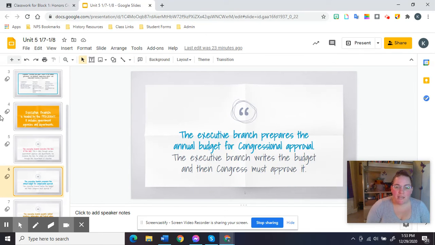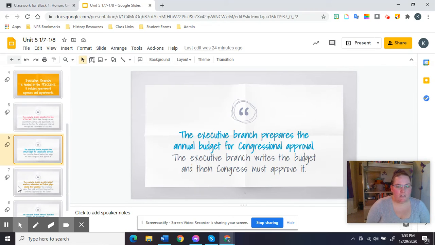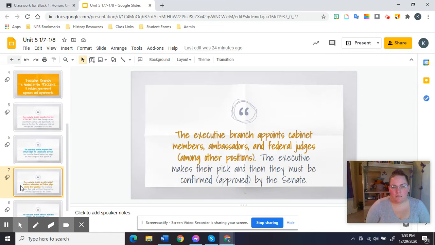So the executive branch, the president and his advisors, they write up the budget. They're like, this is what we want to spend our money on, how we're going to fund the government, and then they submit it to Congress for approval. The executive branch appoints cabinet members like the Secretary of Education, the Secretary of the Army, the Secretary of State, Secretary of Treasury.